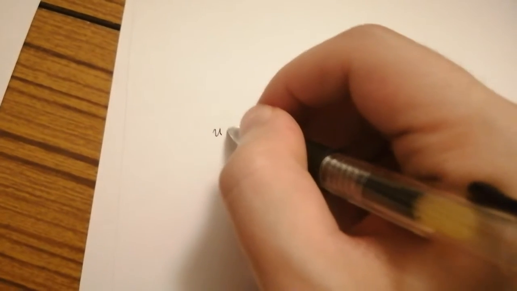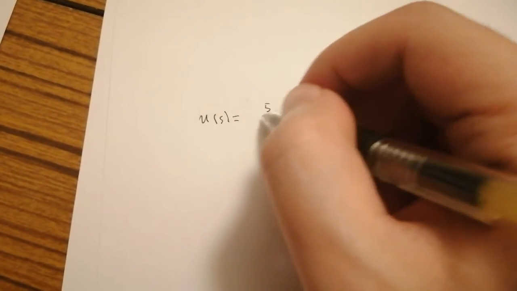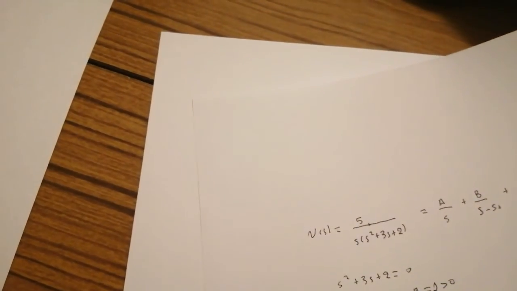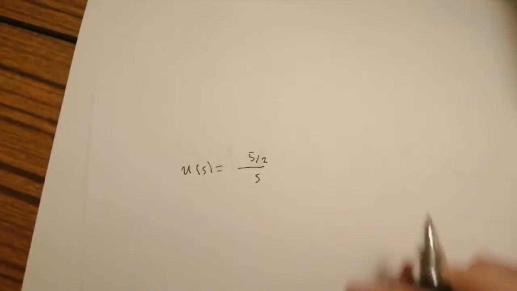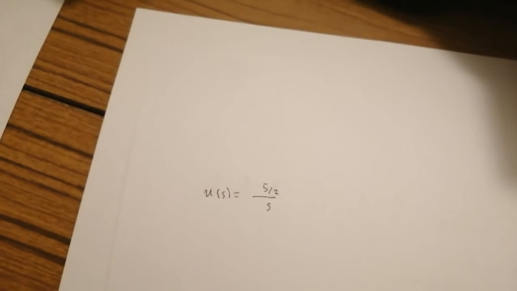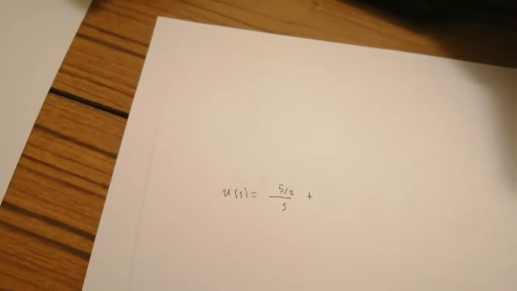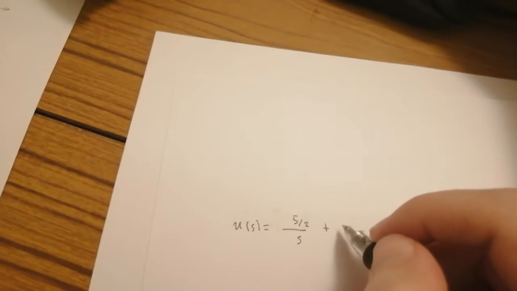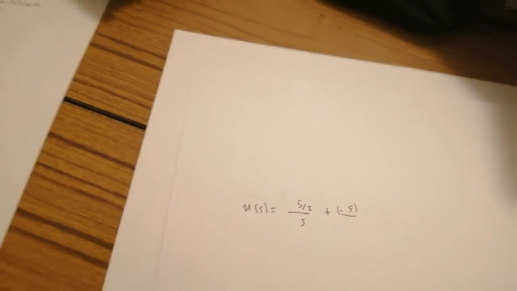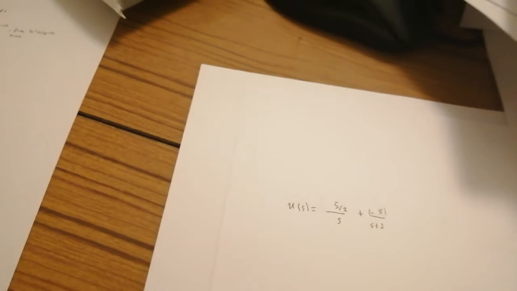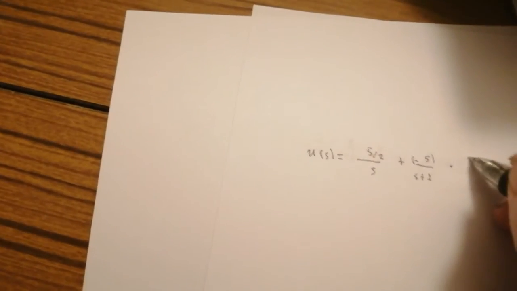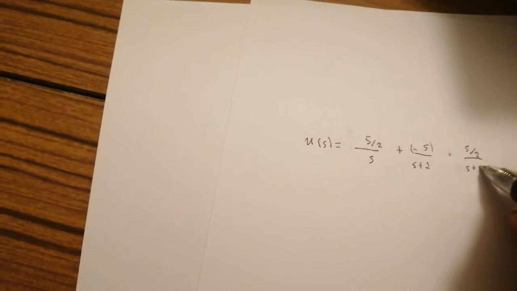So now that I have my constants A, B, and C, I can write that U of S is equal to 5 over 2 over S, the A was 5 over 2, plus B, which is minus 5, over S plus 1, and the C, plus 5 over 2 over S plus 2.